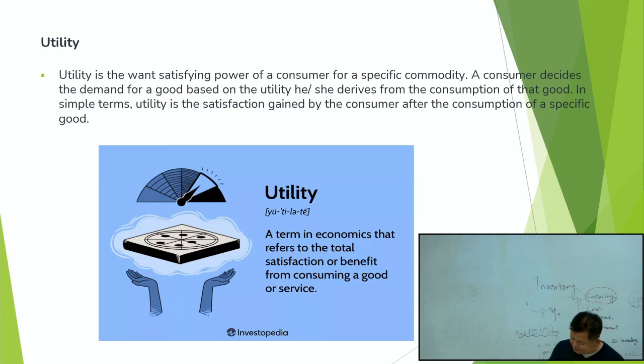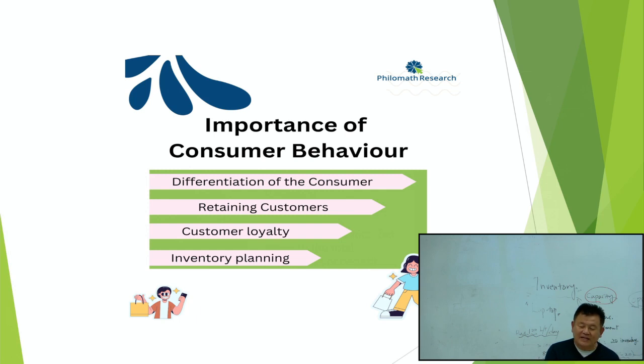So now we come back here to consumer behavior. The important thing is inventory planning. Why is consumer behavior related to inventory planning of production? Customer loyalty: repeated buying and retaining customers.